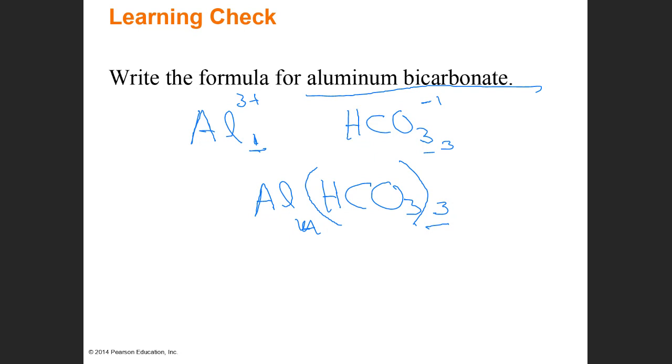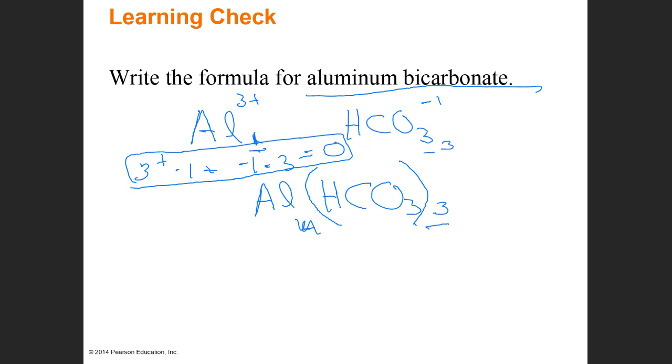And if you see now when I combine these, I have 3 plus times 1 plus -1 times 3. That equals 0. Okay. So the subscript 3. The charges don't get pulled down. We're just looking at what the numbers of these subscripts need to be.